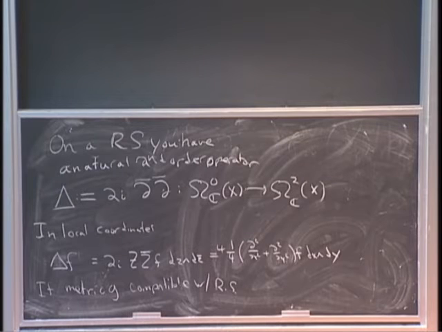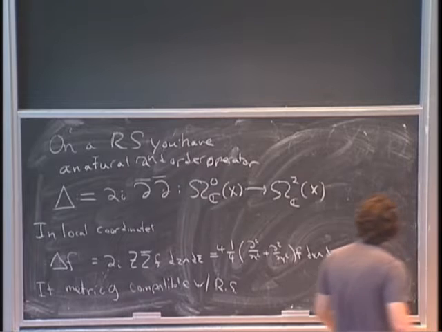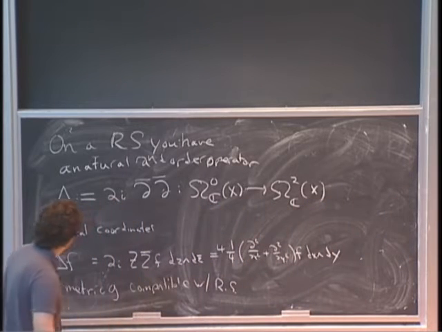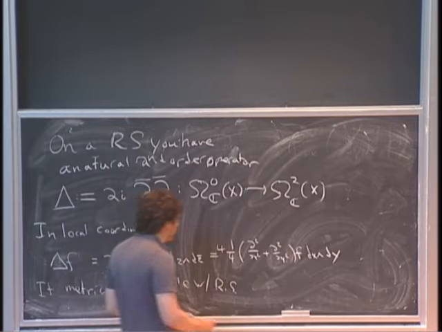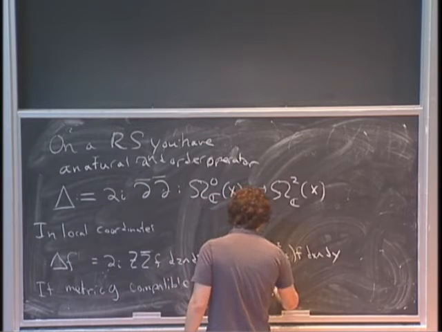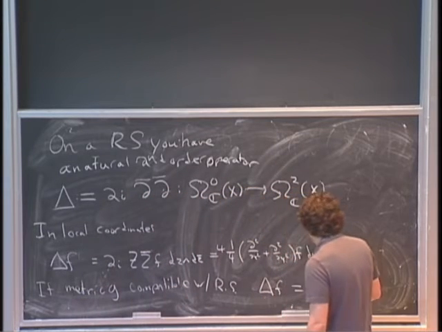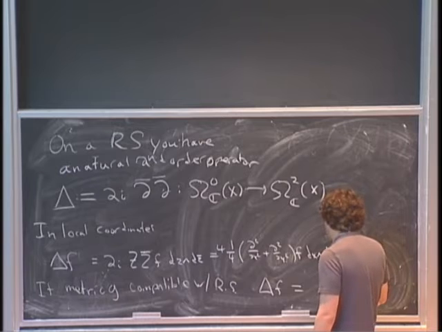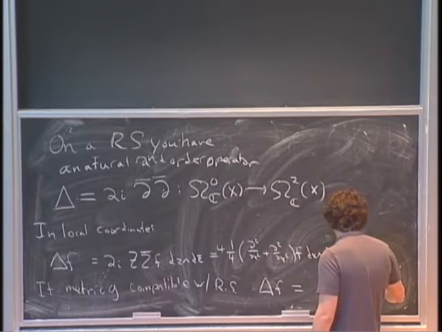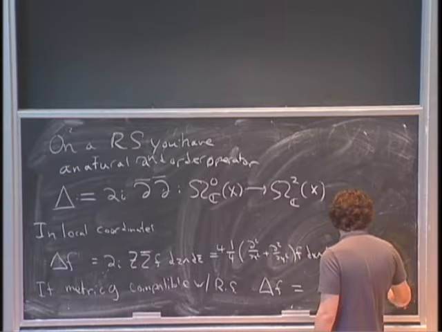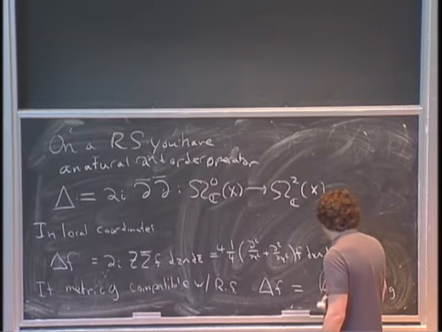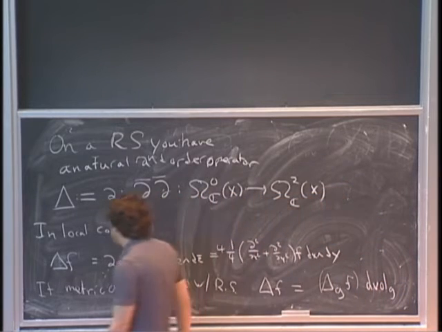The metric gives you a natural J, and the Riemann surface structure gives you a natural J. So those two are the same. One should check that this Laplacian of f, in our sense, is the same as taking the Laplace-Beltrami operator of g applied to f and then multiplying it by the volume form of g.